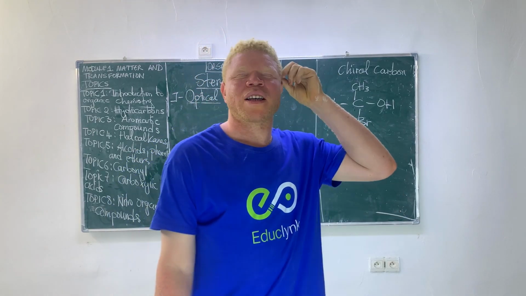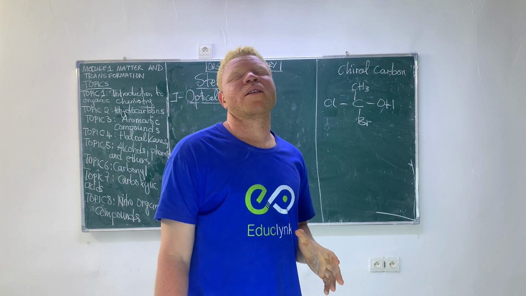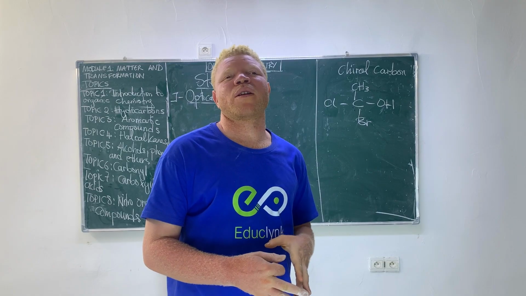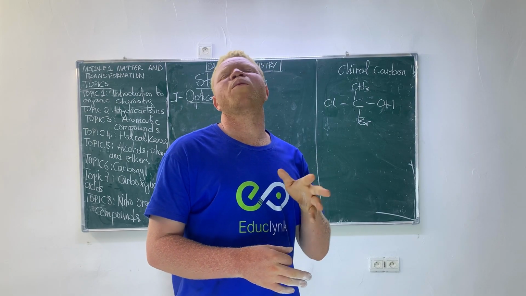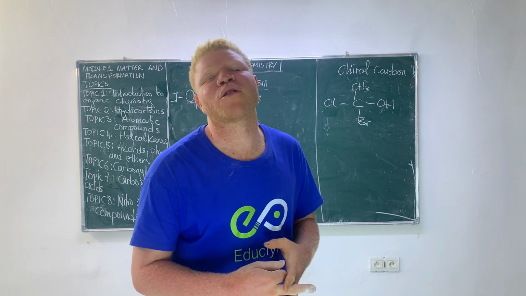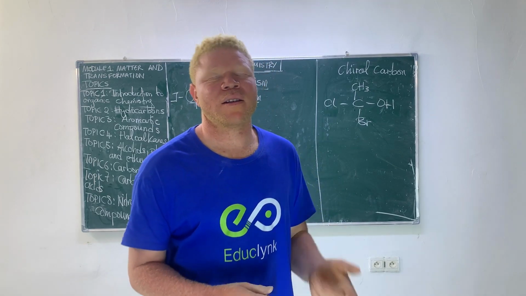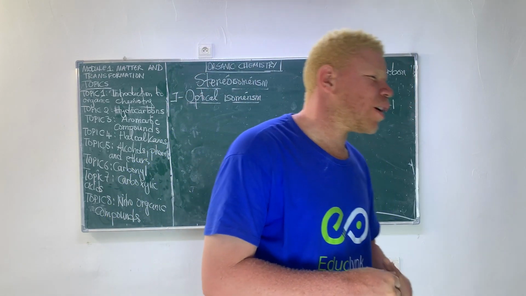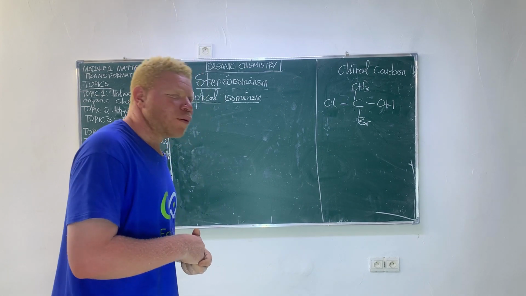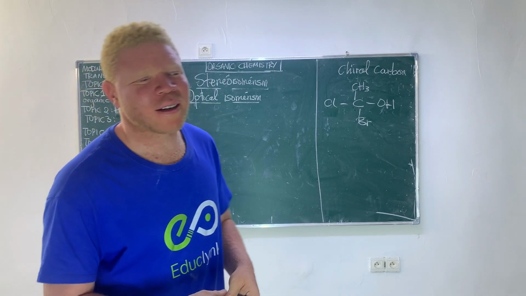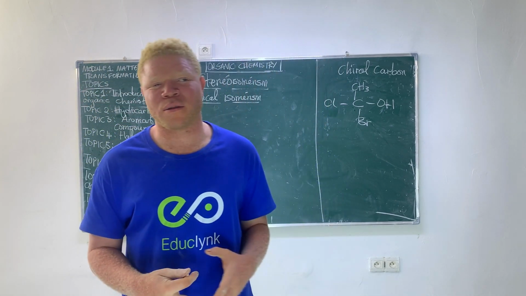So whenever we have a chiral carbon, there will be the existence of two main enantiomers. The enantiomers are non-superimposable. So one is the levo enantiomer and the other is the dextro enantiomer.